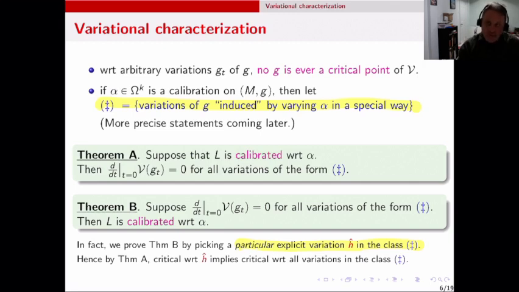So we're going to pick one particular variation that lives in this class, and we're going to show that if it's just critical for that kind of variation, then it has to be calibrated, and therefore, since it's calibrated, by theorem A, it's critical for all variations of that special type. In other words, being critical with respect to variations of this special type is equivalent to just being critical with respect to one particular type of variation in that class. Okay, so that's where we're going.